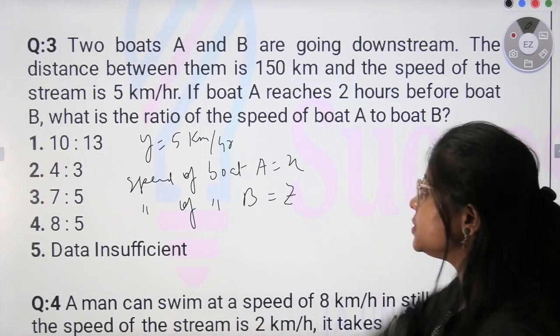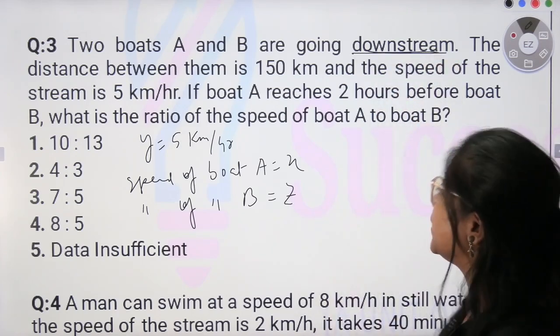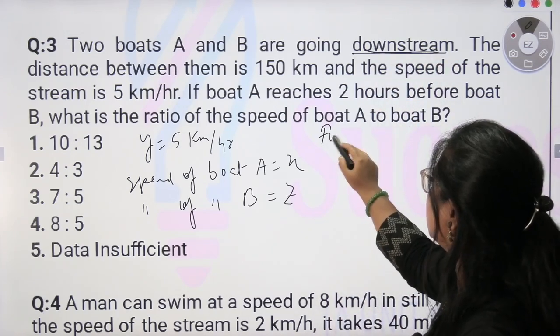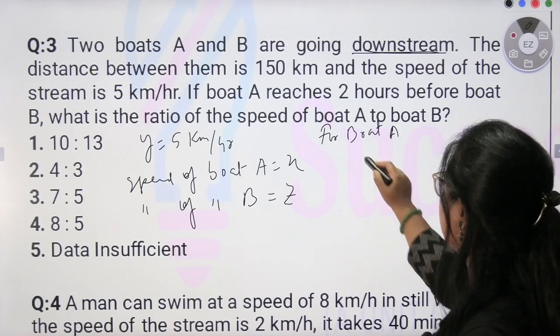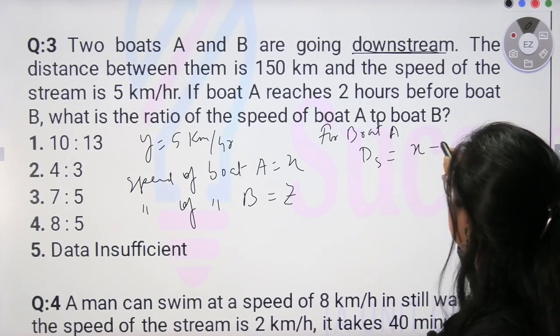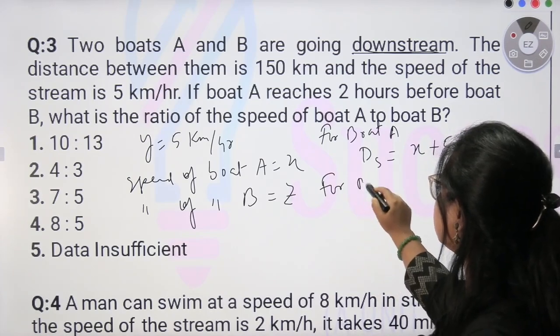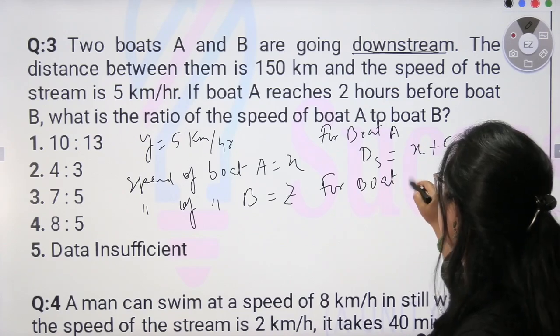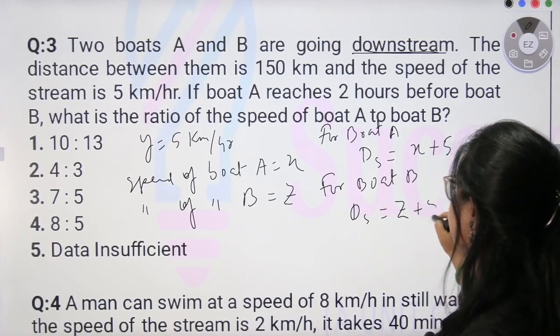Then what will be my downstream speed for both the boats? Because both the boats are going downstream, for boat A the downstream speed will be x plus 5, and for boat B the downstream speed will be z plus 5, isn't it?